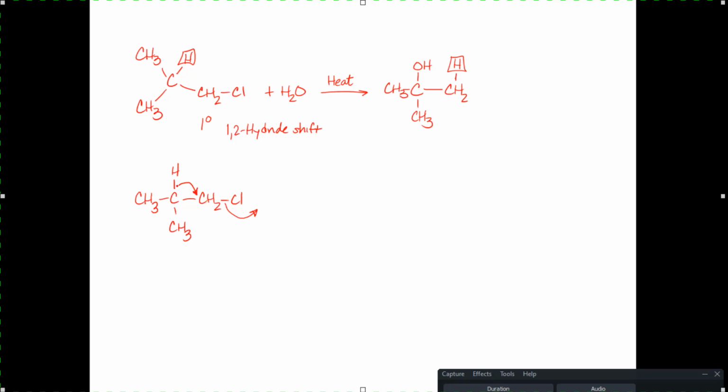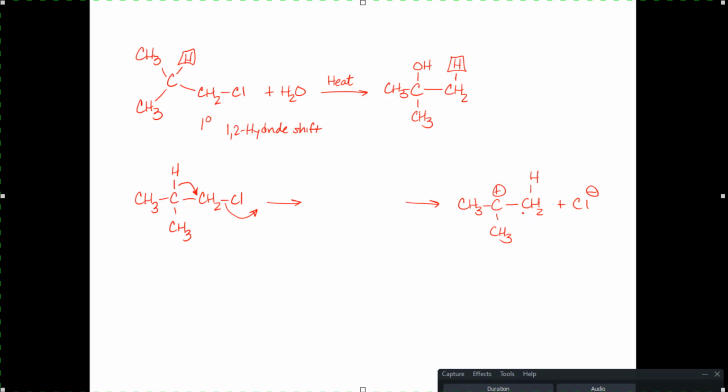So this is going to be a concerted, meaning one-step, mechanism. And the final product of this step will have the positive charge on the tertiary carbon and the hydrogen now shifted over to the primary carbon, and then we would have a Cl minus as the leaving group.